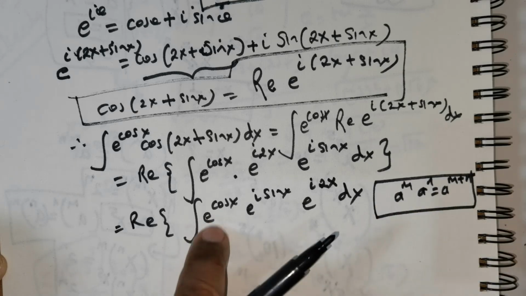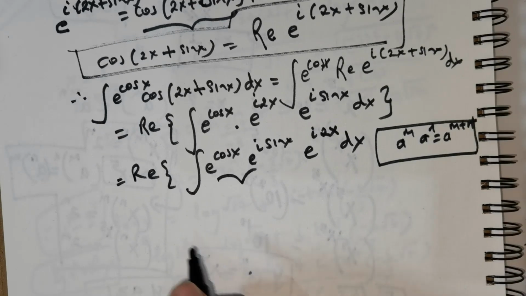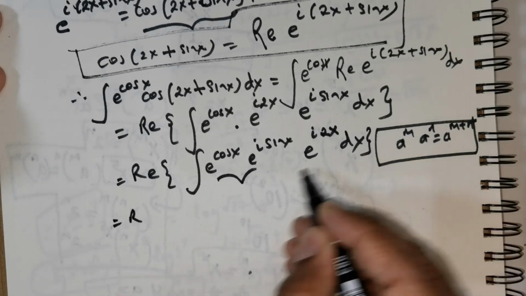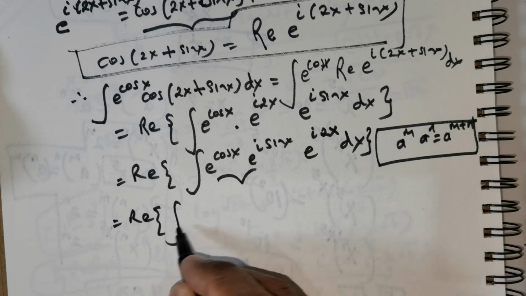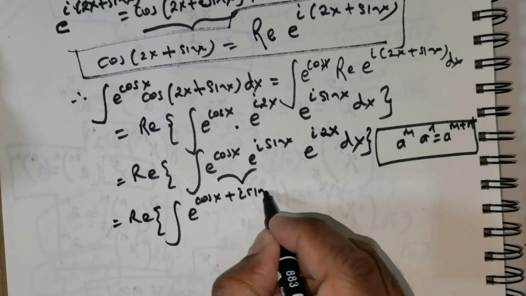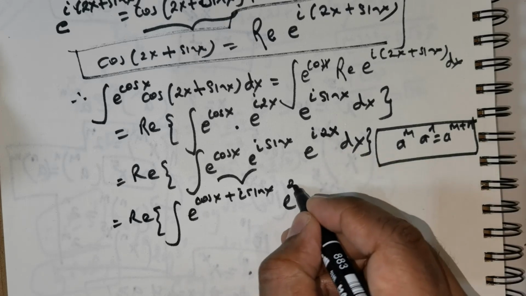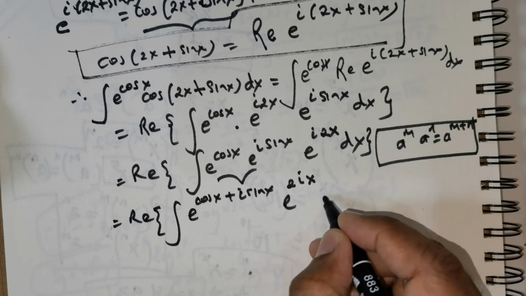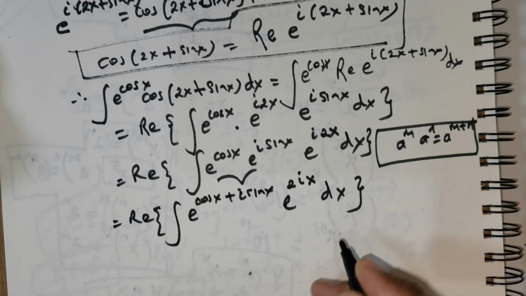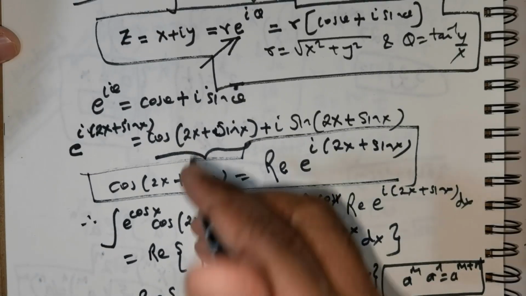So by this property I can join these two, and that would give me the real part of the integral of e raised to the power of cos x + i sin x times e raised to the power of 2ix dx. But what is cos θ + i sin θ?